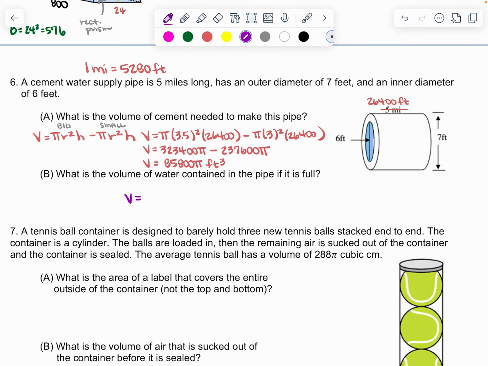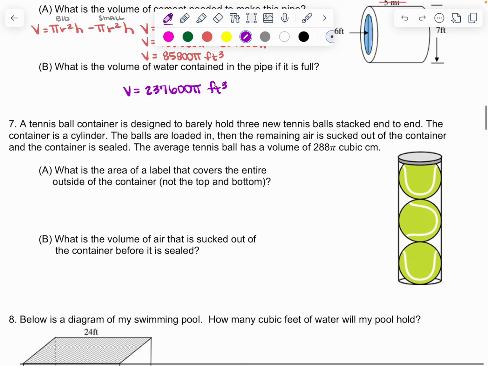We already did that right here, and so I don't have to do the work again. I know the answer is 237,600 pi cubic feet of water. If you want to do all the math again, you can, but you did that right here when you found the volume of the inner cylinder. So no need to double back and do it all again.